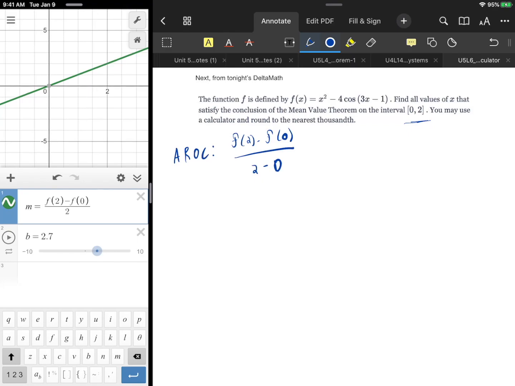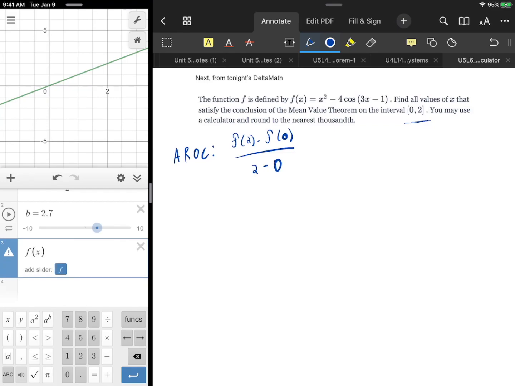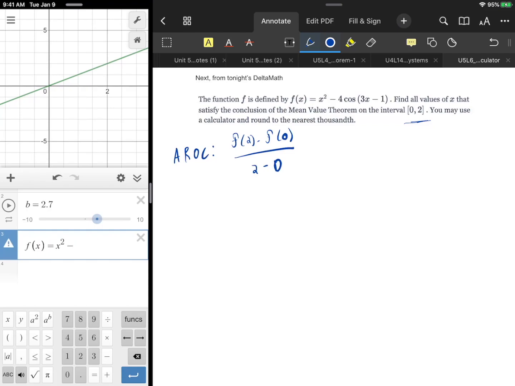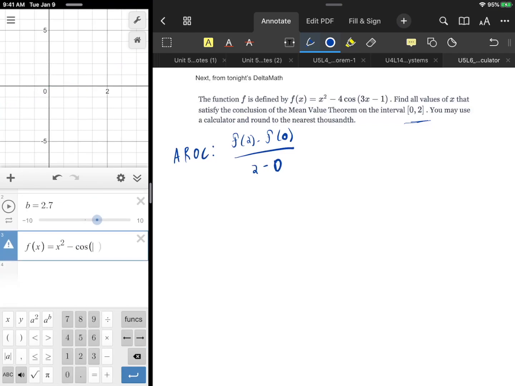M is equal to, oh no, I did need that. Shoot. I do need the f of x because I was using it to calculate this, so I shouldn't have deleted it. I should have just turned it off. So hold on here real quick. F of x equals x squared minus 4 times the cosine of 3x minus 1. That was dumb.